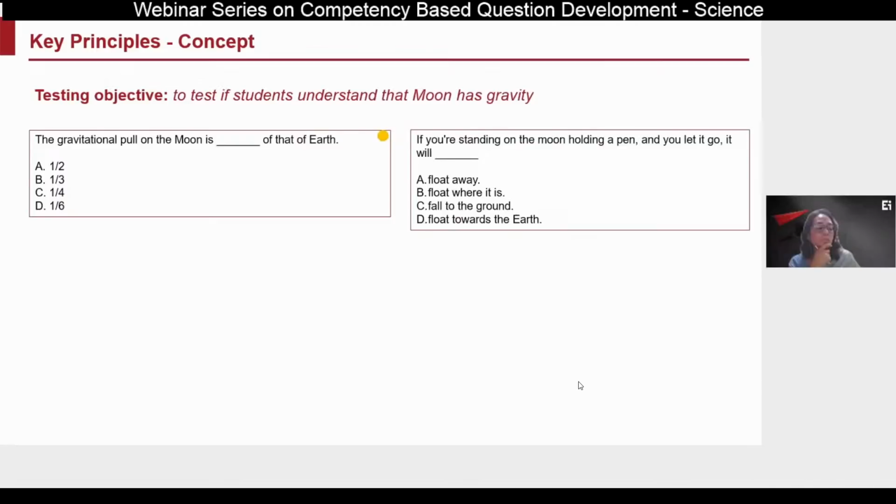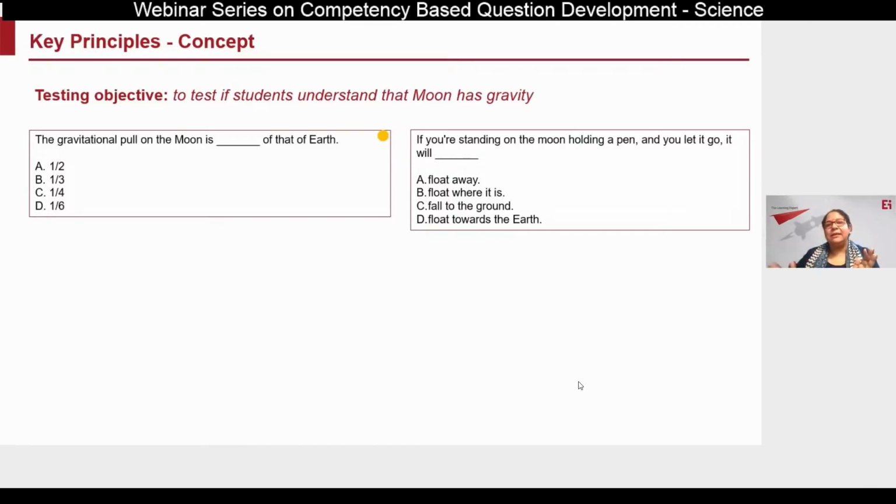Quickly on the testing objective. Even when I try to write this question, I know that I'm not checking the understanding of gravity on the moon through the left-hand side question.